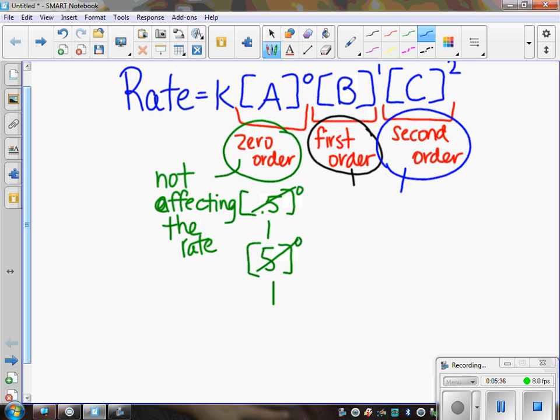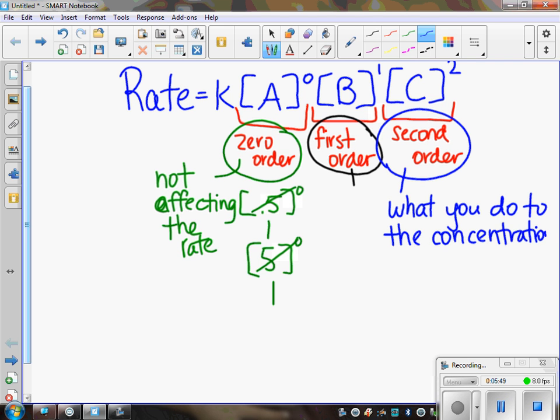For second order, what you do to the concentration will have a squared effect on the rate.